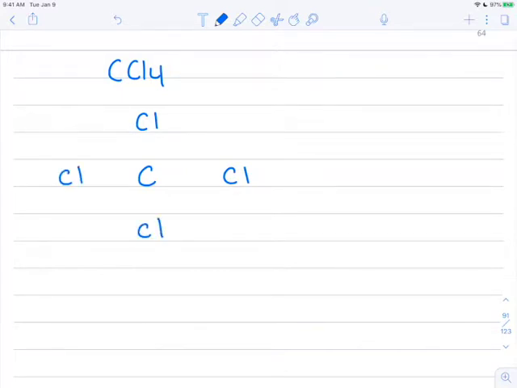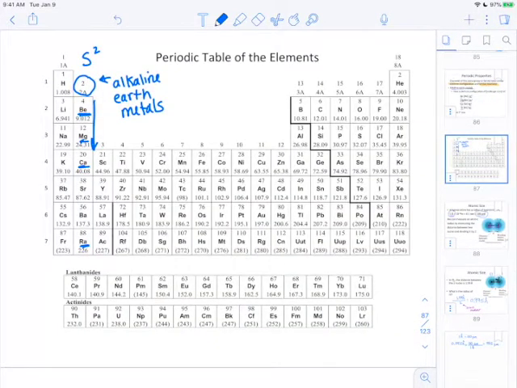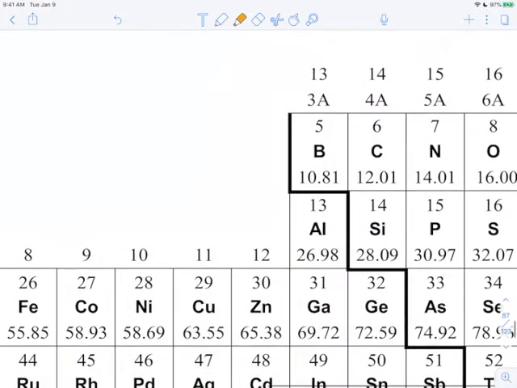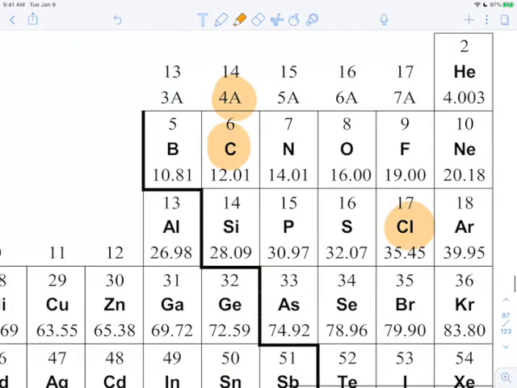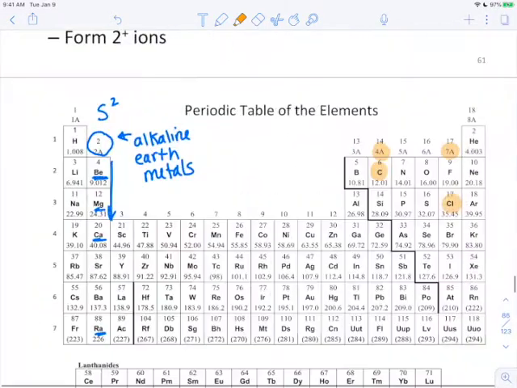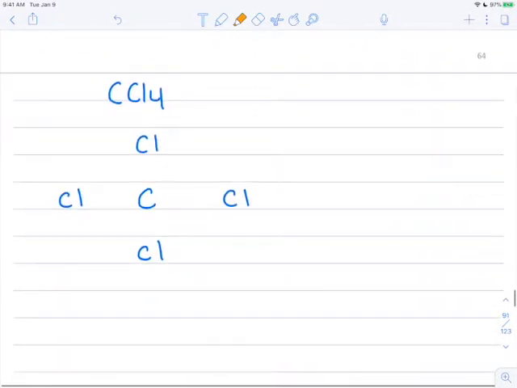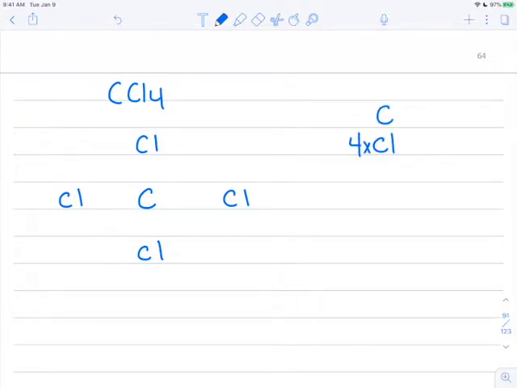Then we would count up our valence electrons, and we would find that carbon has 4 valence electrons and chlorine has 7 valence electrons. So we would do our count: carbon, and chlorine times 4, because we have 4 chlorines.